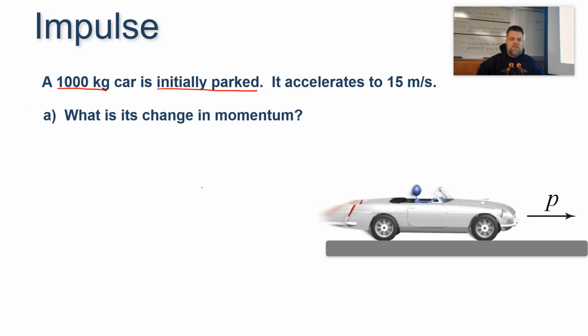All right, it's early in the morning. That's okay. What were you going to say? Yeah, it's at rest, or the initial velocity is 0, right? And it accelerates to this speed, 15 meters per second. So that's the final velocity, 15 meters per second.